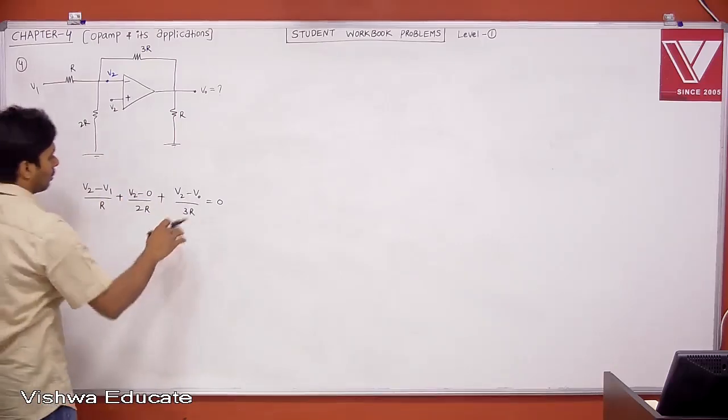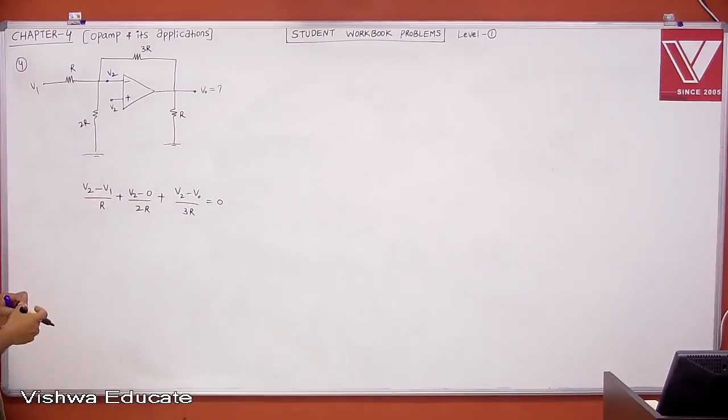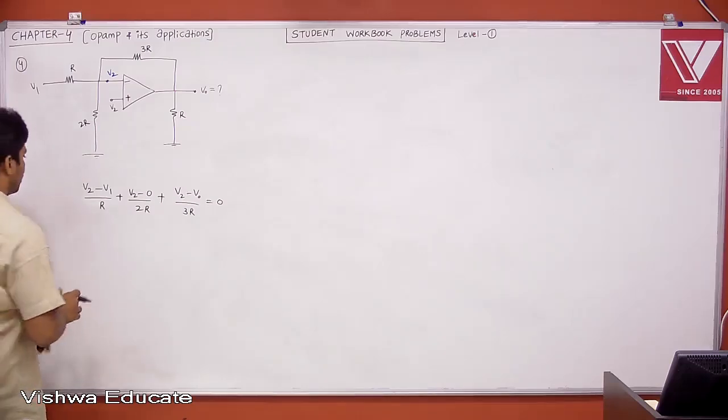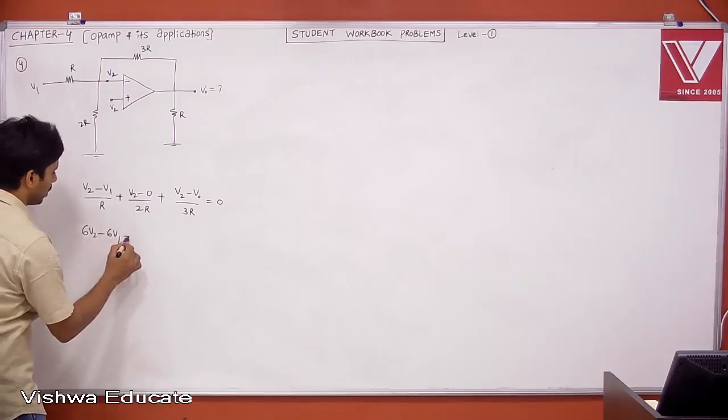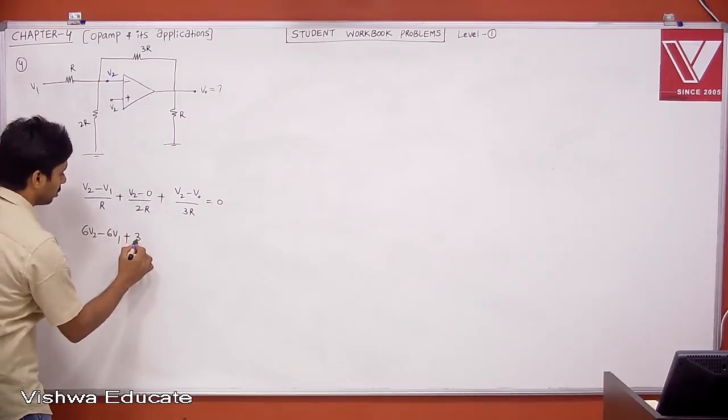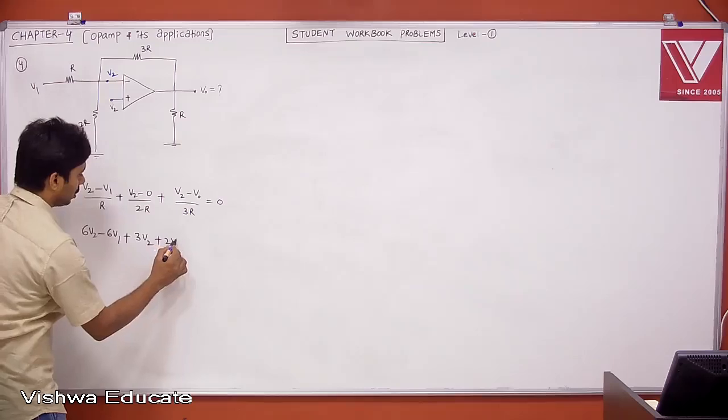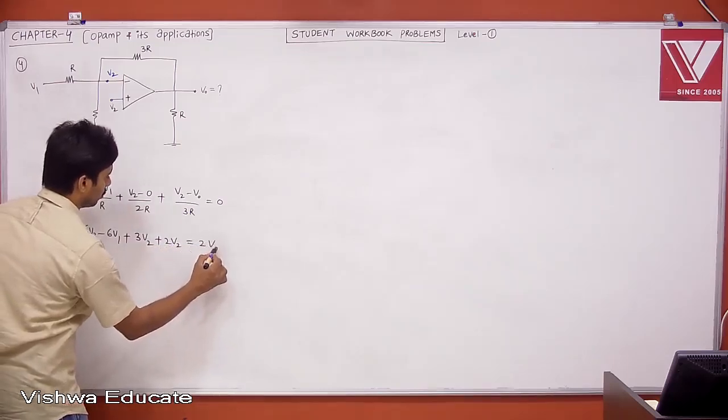Then R will be cancelled. Multiply with 6. When you multiply with 6, you will get 6V2 minus 6V1 plus 3V2 plus 2V2 minus 2V0 equal to 0.